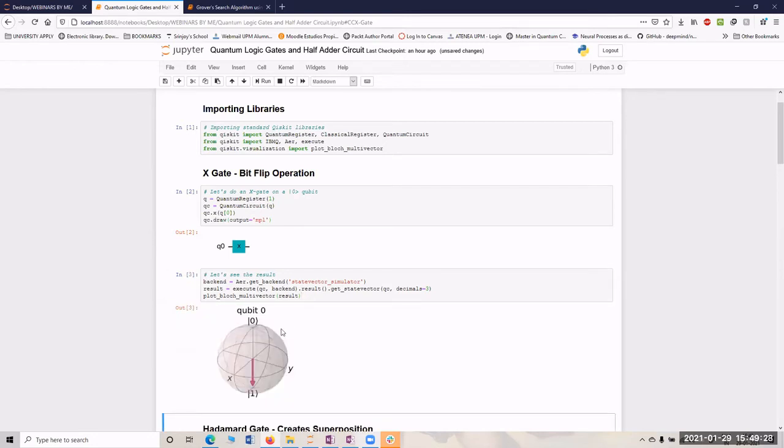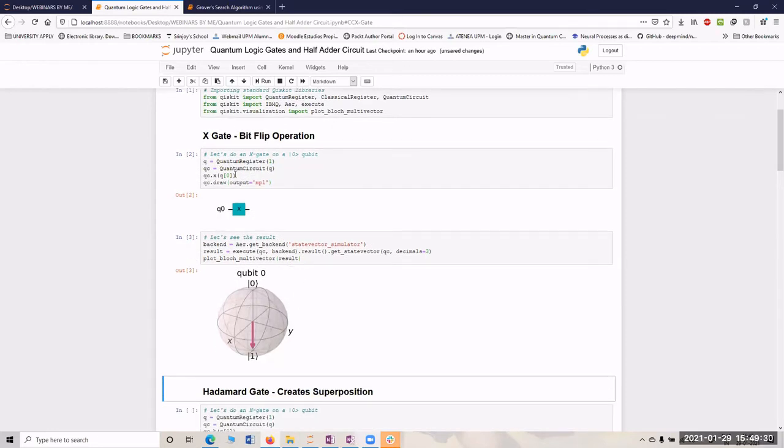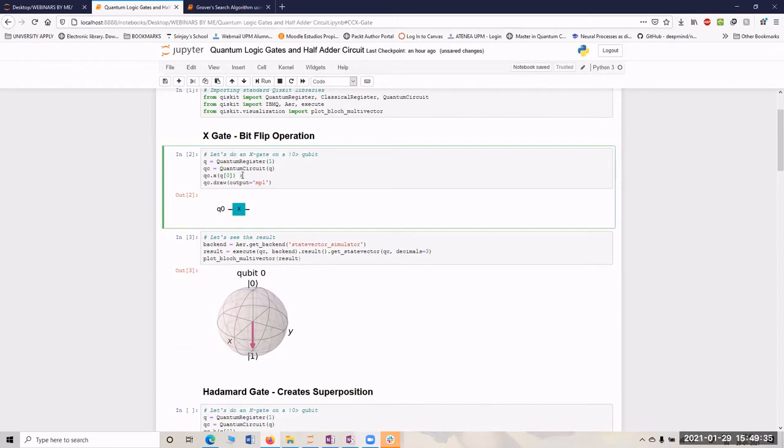Since the X gate was applied to 0, and by default all the qubits are in 0, you start with the 0 state and then apply gates according to your needs. Here we applied an X gate to a single qubit, and you see that the state has been transformed into 1. The arrow shows you where the state is going.